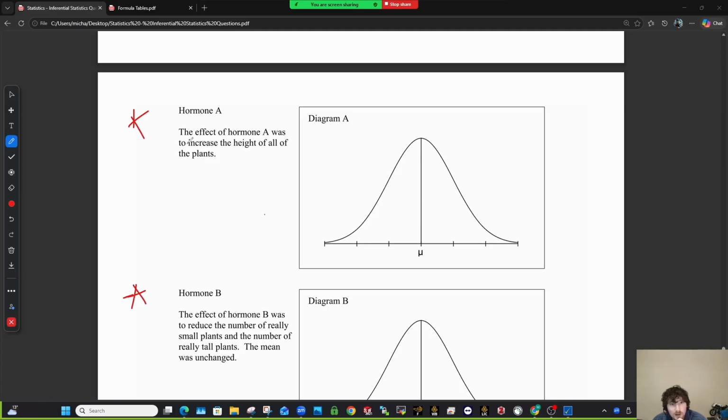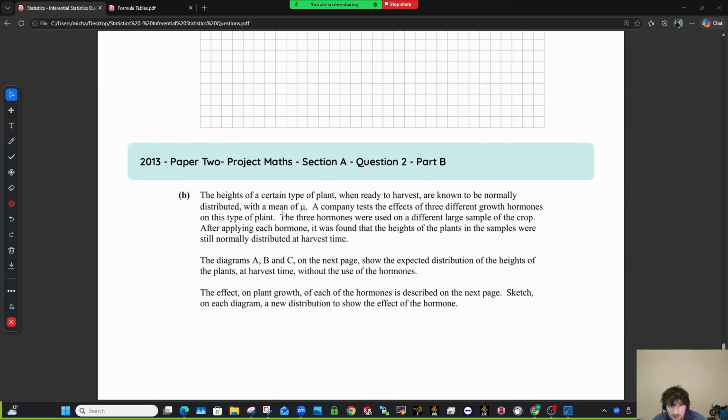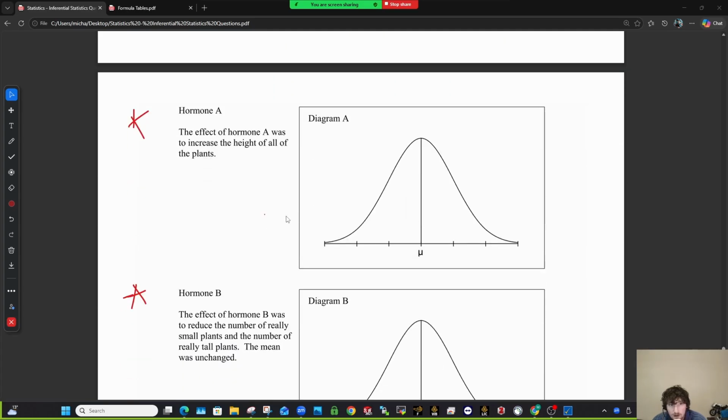Right, hormone A. The effect of hormone A was to increase the height of all plants, right? So mu is the height of the plants, okay? So if you have gone and increased the height of all plants, that shifts the mean. Okay, you have a bigger mean now.